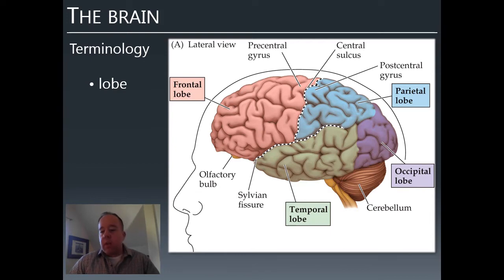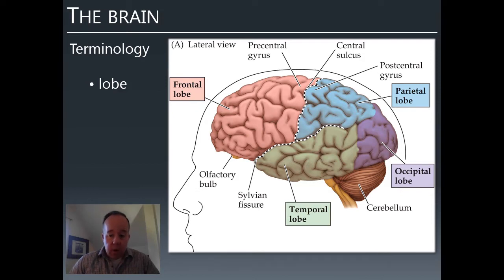It is just behind the frontal lobe, but just in front of the occipital lobe. The occipital lobe is shown here, the rightmost portion of this diagram. As it turns out, your occipital lobe is what does your visual processing. Almost all of your occipital lobe consists of your visual cortex. As humans, we depend highly on vision, and so we have a lot of our brain devoted to visual processing. So the occipital lobe does that.